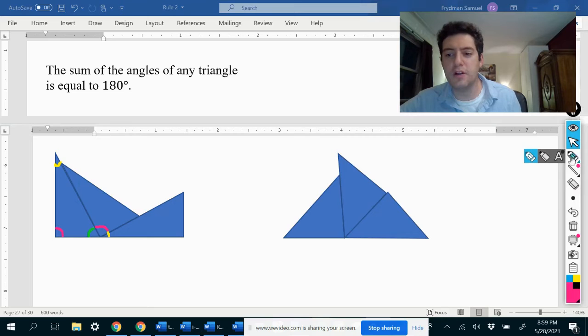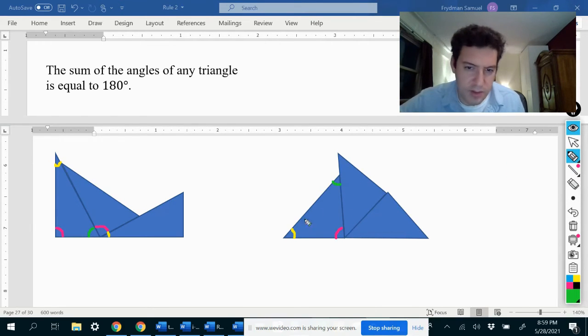So again, if we color code this, here were the original angles of the triangle. A little bit harder to see for this one, just because these angles are almost alike. But let's see. So this angle was this one over here, and then this angle was that one over there.